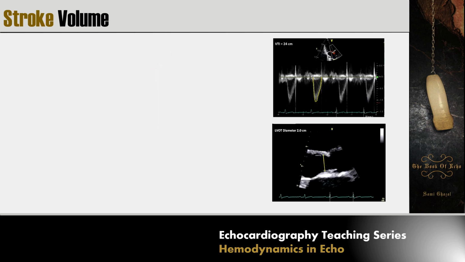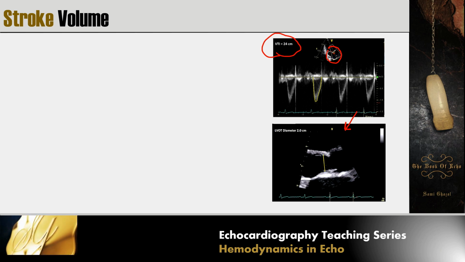Now the LV stroke volume, or the stroke volume from the left side here, is measured in the following way. Now we know that the VTI is 24, measured in the LVOT area here. We cannot utilize this image to measure spectral Doppler of LVOT because the angle of incidence here is around 90 degrees, and it will yield a measurement of 0.